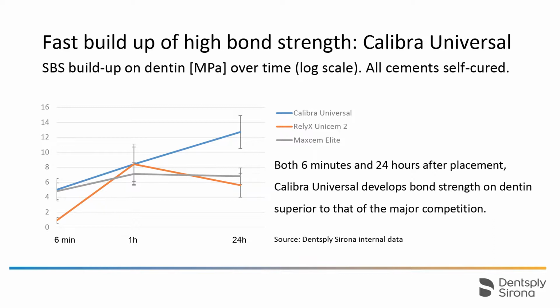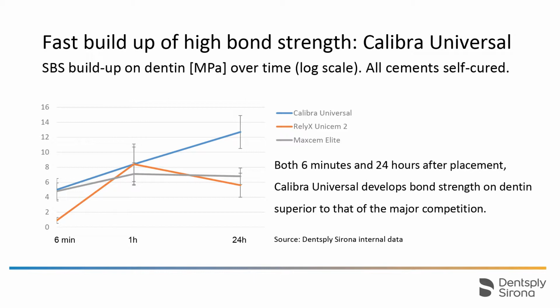How fast does the bond strength of Calibra Universal build up? Generally, bond strengths for self-adhesive resin cements are somewhat lower than those obtained with adhesive resin cements. However, compared to competitors' self-adhesive cements, Calibra Universal builds up bond strength continuously and fast.